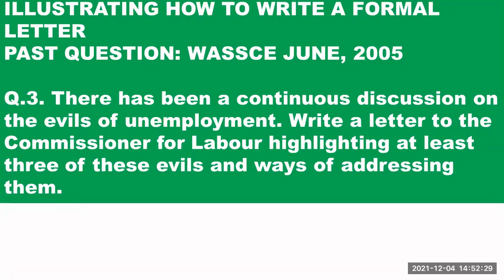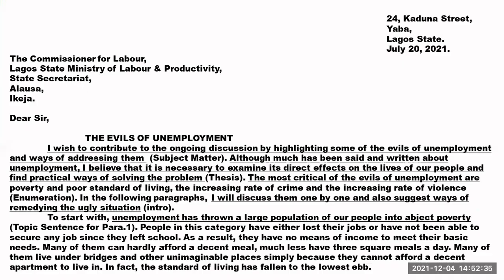Write a letter to the Commissioner for Labor highlighting at least 3 of these evils and ways of addressing them. Okay, so now let's look at the sample letter here. Now, you can see that this is the address. Because it's a formal letter, it's important you use the block style.